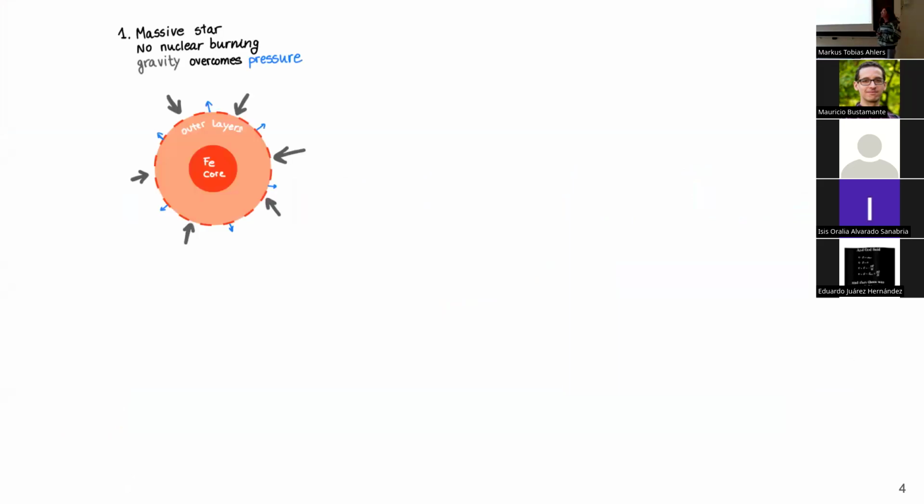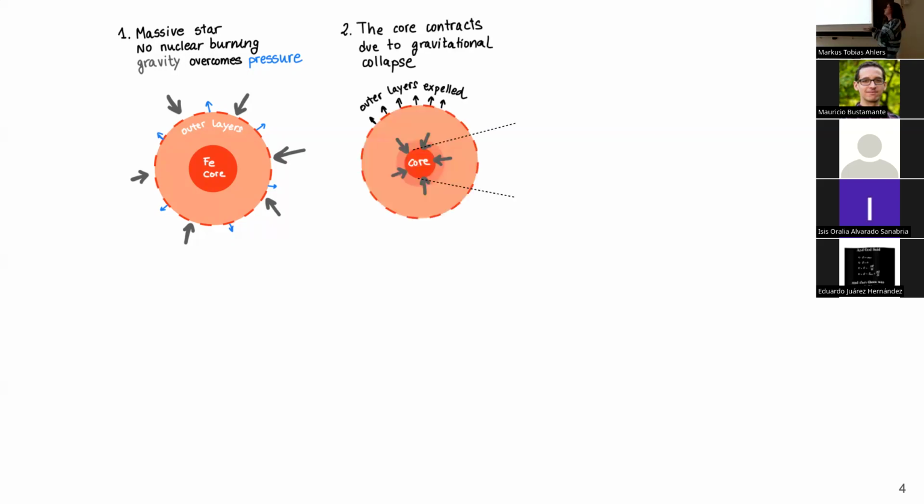So massive stars with main sequence mass over 10 solar masses can produce extended iron cores after burning all the nuclear fuel that they have. In this situation, the pressure that was being made by nuclear reactions gets lower, and then gravity can overcome this pressure, so the core contracts due to gravitational collapse.